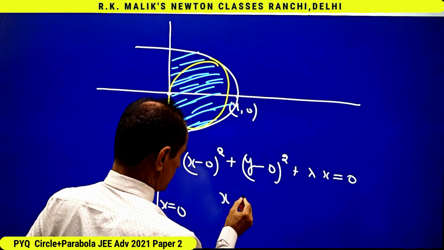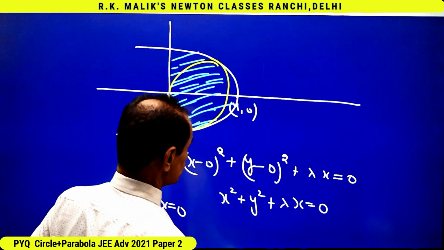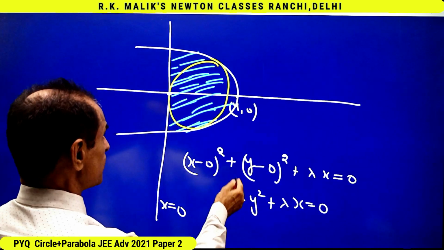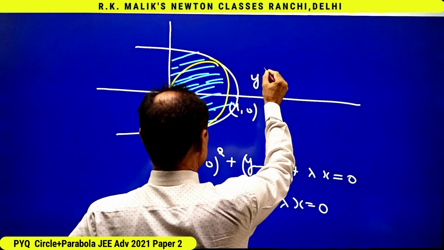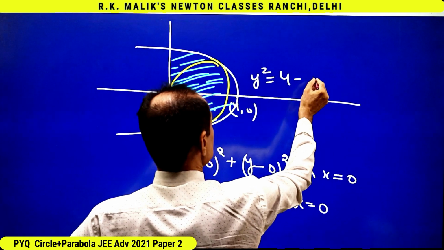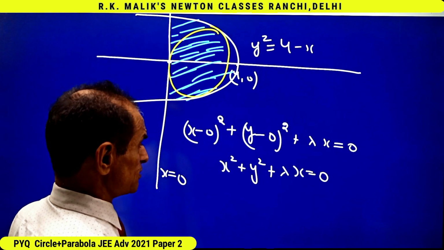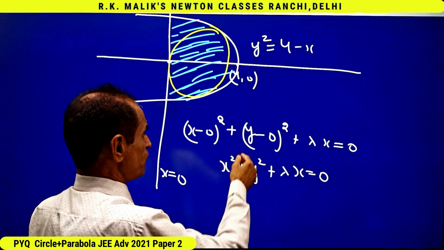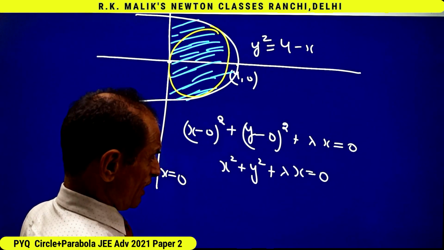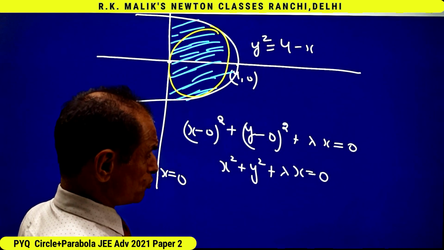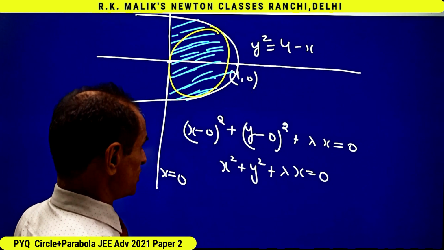This can be written as x square plus y square plus lambda x equal 0. And because the circle and the parabola are touching each other, and we know that the equation of the parabola is y square equal to 4 minus x, if I eliminate y, I'll get a quadratic equation in x. And that quadratic equation in x should have both roots equal for the two curves to be touching each other.